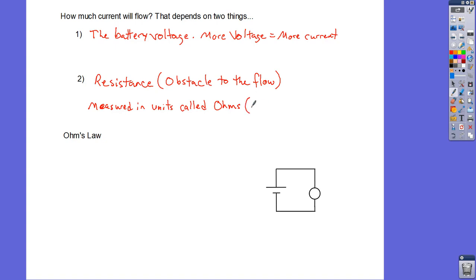Ohms are symbolized by a capital omega. Okay, so basically, we know that more resistance equals less current.